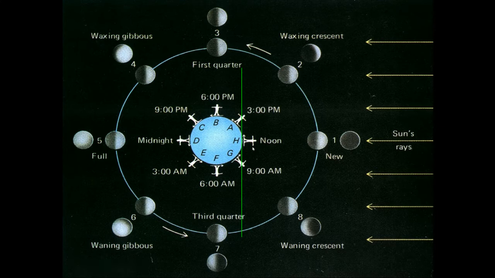Now, the new moon, when the Earth, the moon, and the sun line up, this happens to everyone on the Earth. It's not like the new moon will be different for each one on the Earth. No, the moment when you have this alignment, because the moon is orbiting the Earth and the Earth is orbiting the sun, when they line up, it is the same for everyone.